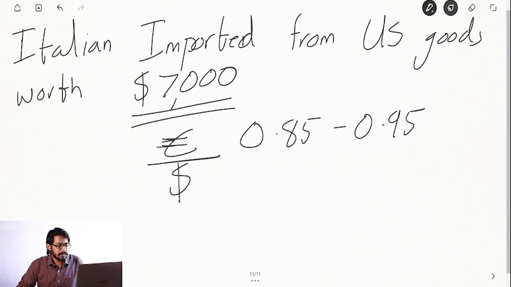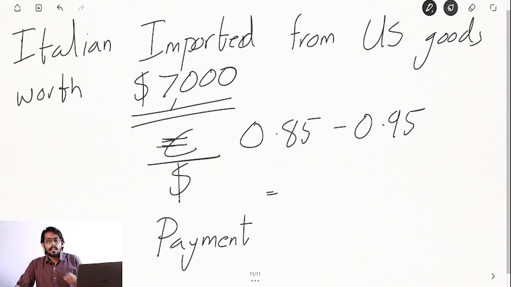I can do it over here itself. Payment in euro is equal to, you are an Italian importer. Okay, Italy is in Europe. What is the currency of Italy? Euro. Okay, the currency of Italy is euro. Or is it lira?